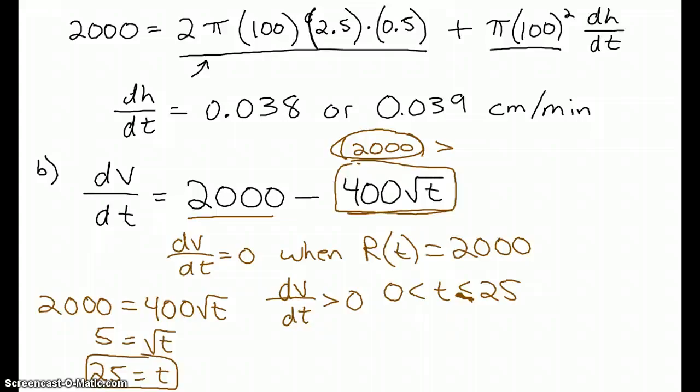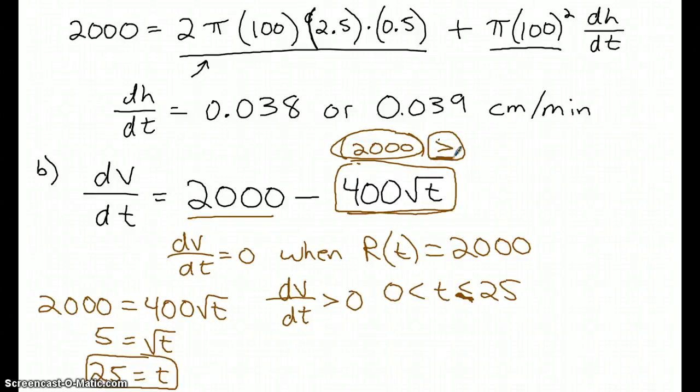So anyways, where we were, we're saying that we know that the oil slick is increasing from the time it started until we found this maximum or minimum at 25 minutes. So if we put in 26 minutes for t, we're going to get a number that's bigger than 2,000.